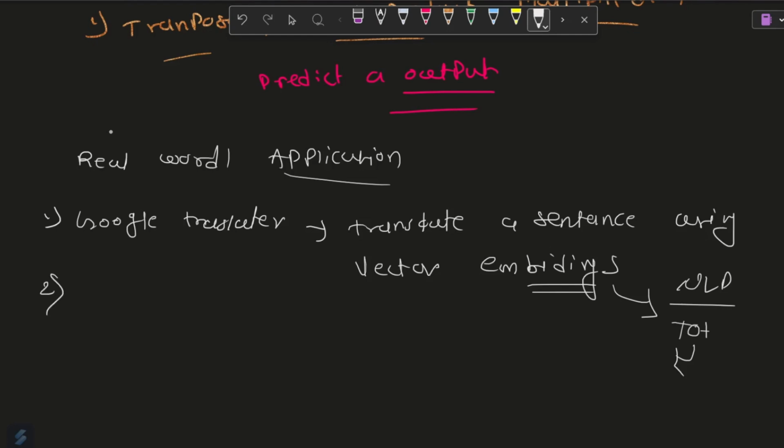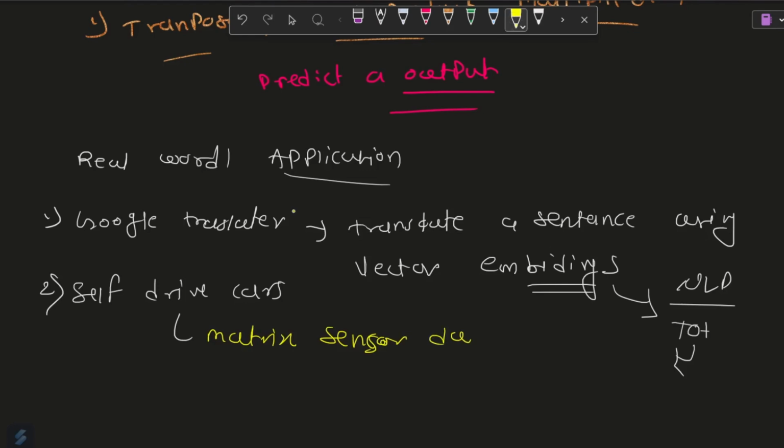The second example is self-driving cars. In a self-driving car, this is matrix sensor data.